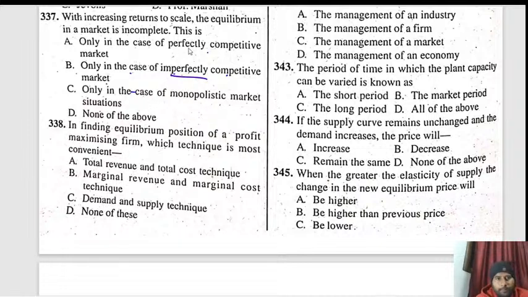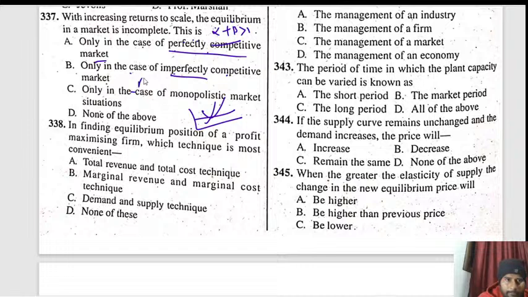Okay. So increasing return to scale, IRS, means alpha plus beta is greater than 1. The equilibrium in the market is incomplete. This is only in the case of perfectly competitive market. And equilibrium in the market will be something like this, when MR is equal to MC.